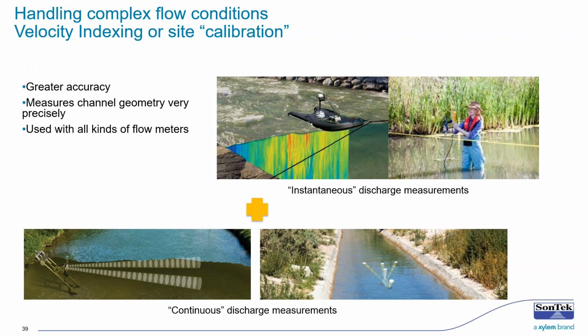And so what I just described is what I would call a site calibration. Calibration is one of those words that you do have to take some care with, because Doppler instruments themselves don't need to be calibrated unless they're damaged. You can check the calibrations, but it's a matter of physics, the way the beams are pointed. When we talk about calibration, usually what we're talking about is site calibration.